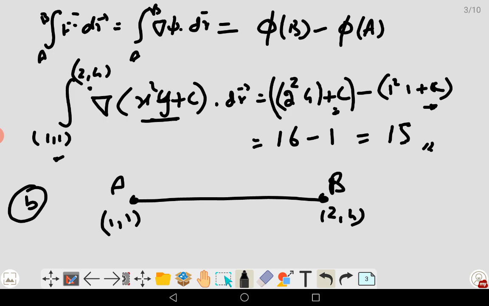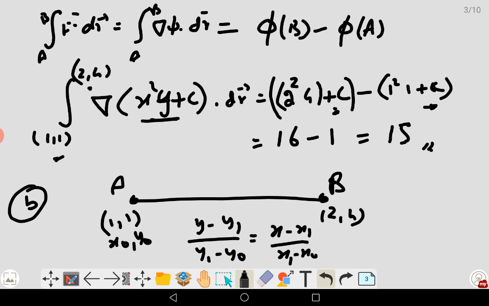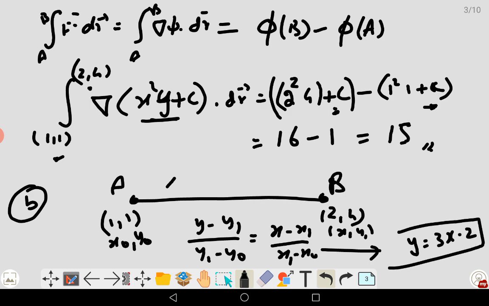What is the formula to find the straight line joining A and B? (y minus y0) over (y1 minus y0) is equal to (x minus x0) over (x1 minus x0). Call this one x0, y0, and this one x1, y1. Substitute these in this equation and you will find that the equation of the straight line joining A and B is y equals 3x minus 2.